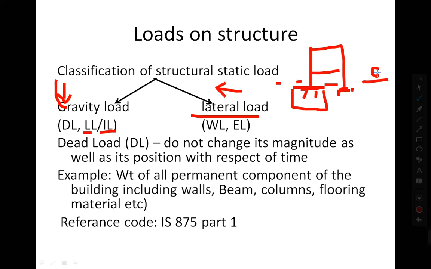The structure has two parts: one is the superstructure, another is the substructure. The portion of the structure located above ground level is called the superstructure, and the portion located below the ground level is called the substructure.